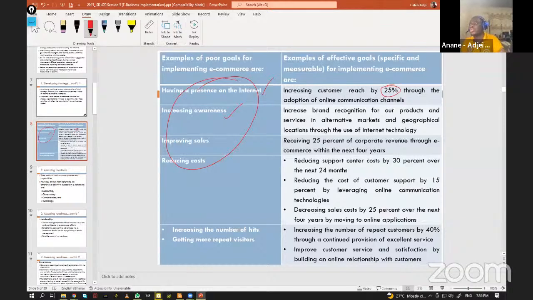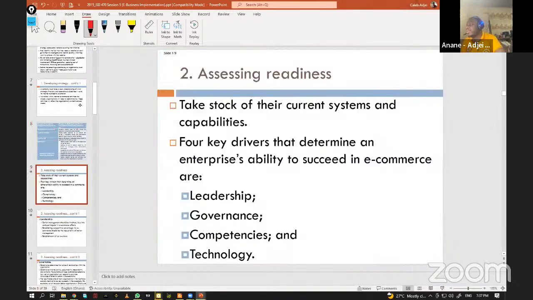So if you are saying improving sales, if we're selling 10 CDs a day and we are able to sell 10 CDs, 50 pesos, yes, there has been an increase. But what kind of increase has it been? So it should be something very effective, and something measurable.